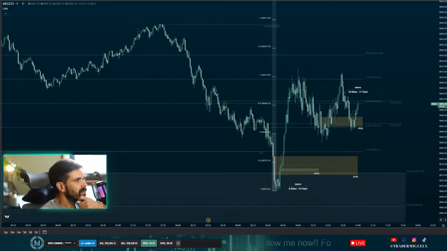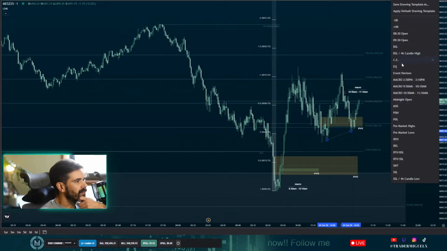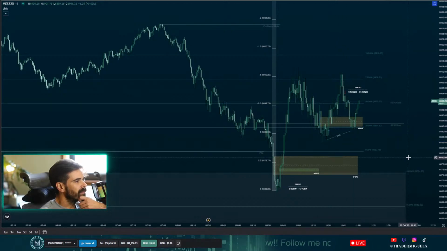ES and NQ forming some sort of an SMT here right now. But not convinced about what price really wants to do.